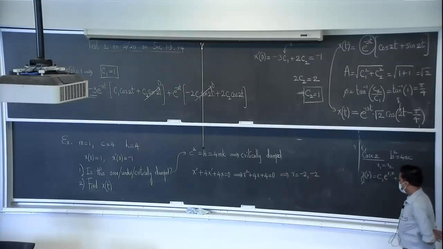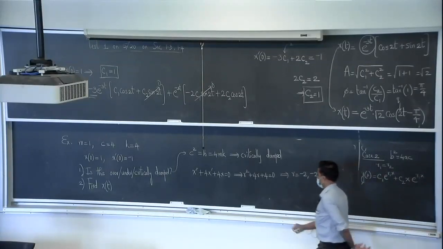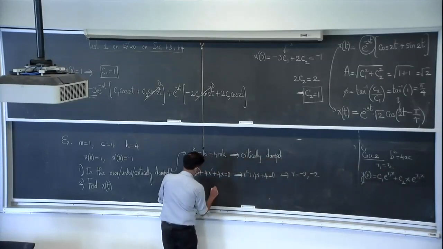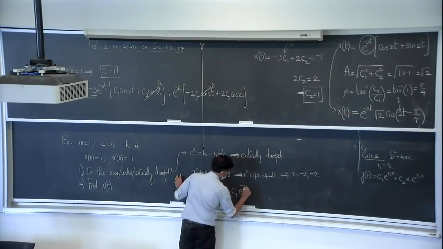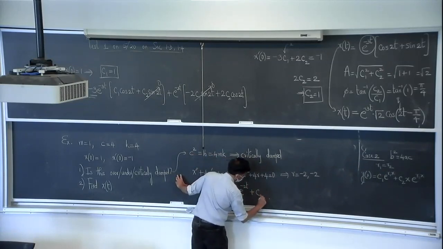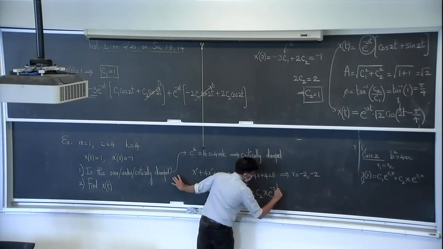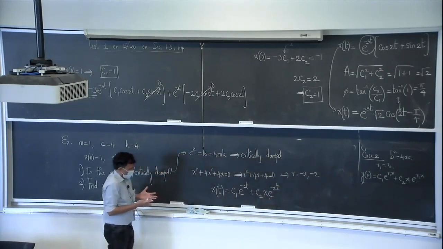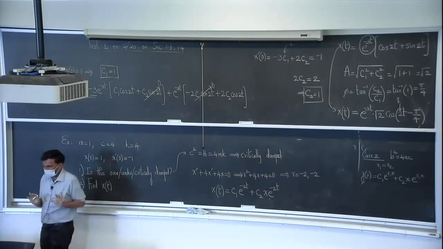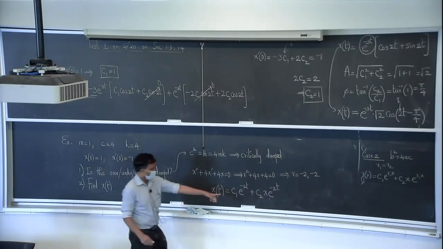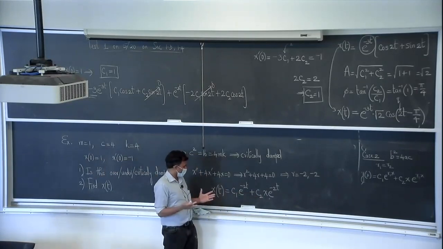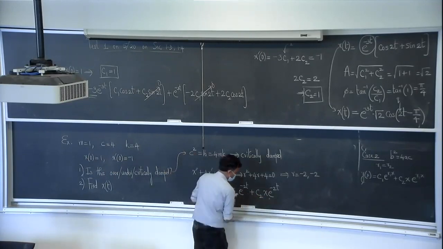So it's a double root of -2. So anything wrong in what I've written? It's a slightly annoying mistake that happens all the time. Yeah, this should be a t. Unless you're really obsessed with using y and x, you should write everything as y and x. Okay, you're writing x as a function of t, so this must be a t here, so that your solution does not look awkward.